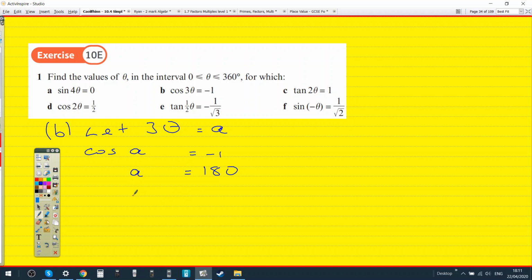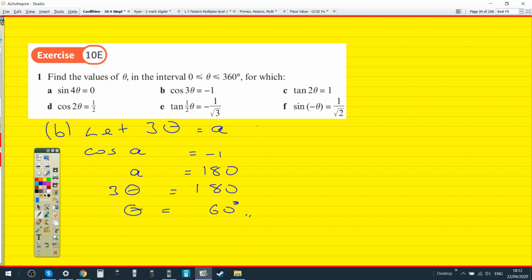And then we change back, so 3 theta equals 180, and then theta equals 180 divided by 3, which is 60. Great. And so that one actually just had one repeated solution.